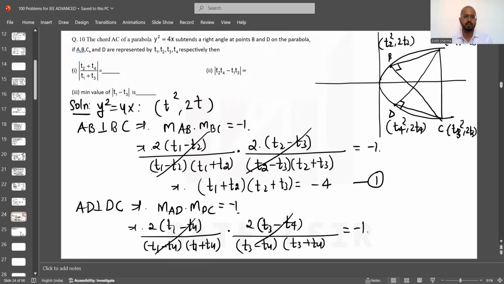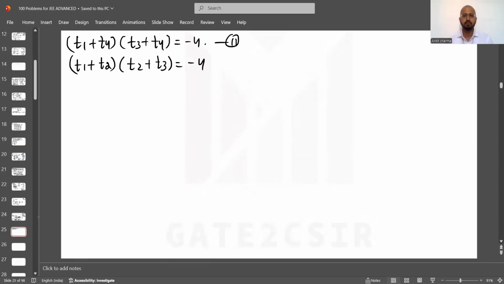Let's multiply this out better. This one will give me t4 square, then plus t4 into (t3 plus t4).